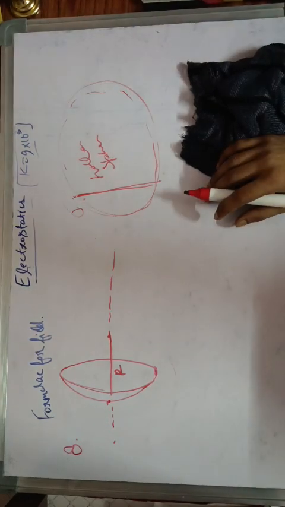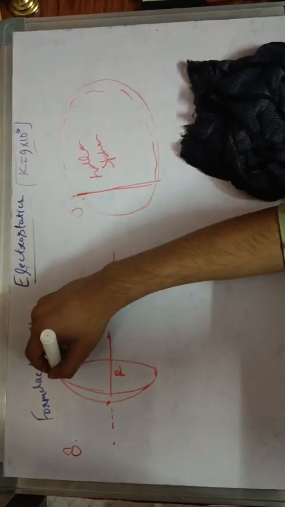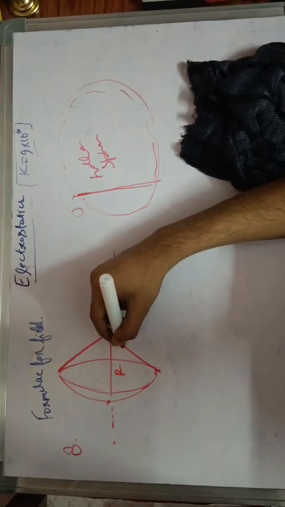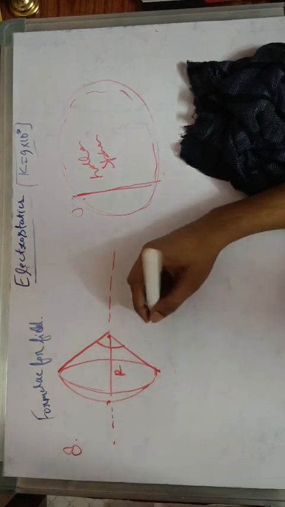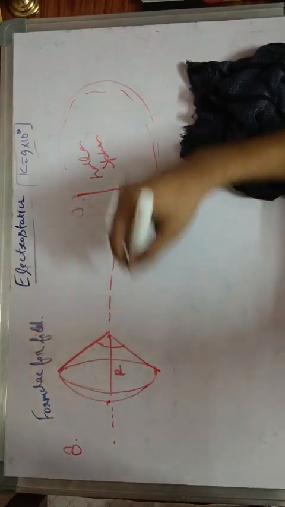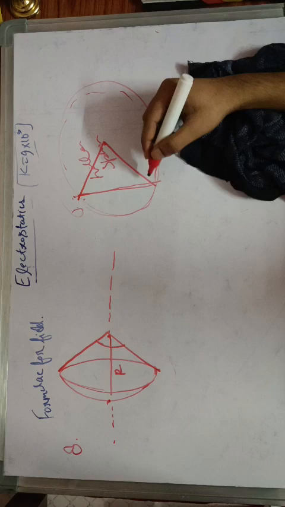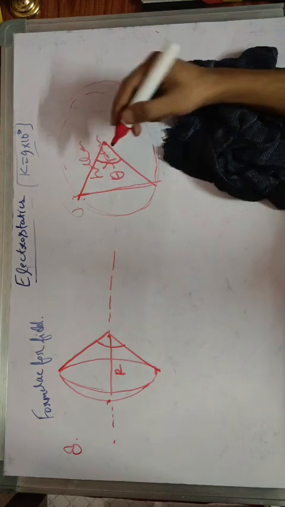Now in this case, let's say this whole part makes an angle theta. Let's say this whole chord, this is the center, and this whole angle is theta.